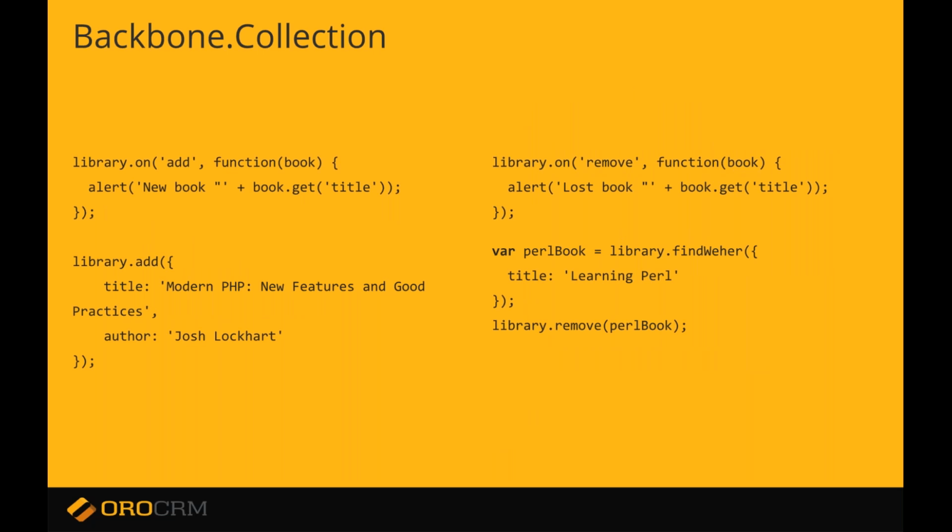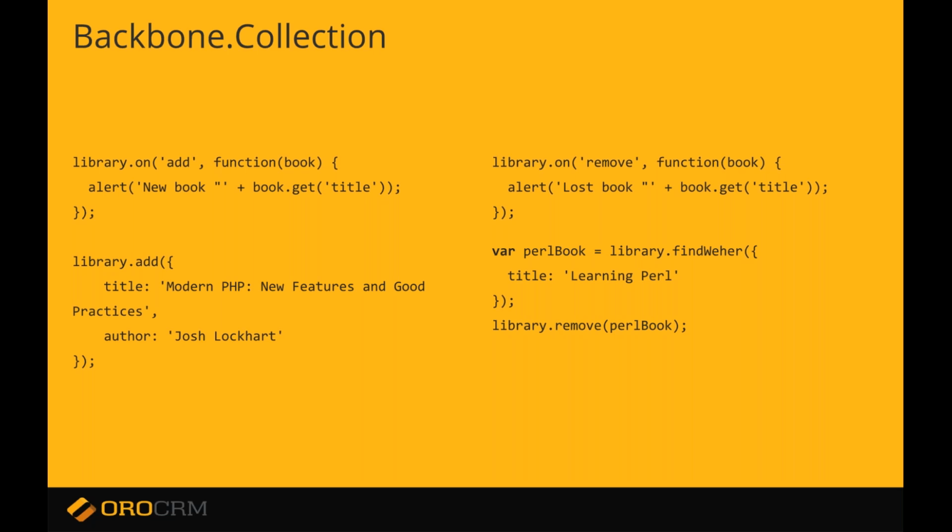Collection provides two ways to extend and reduce elements in a collection. First is add, so we can add an item to the collection, we can add an object, and the object will be wrapped into a model, or we can add a model as a ready item.